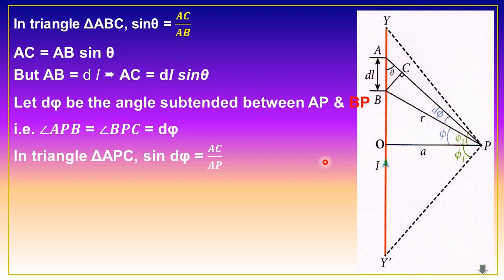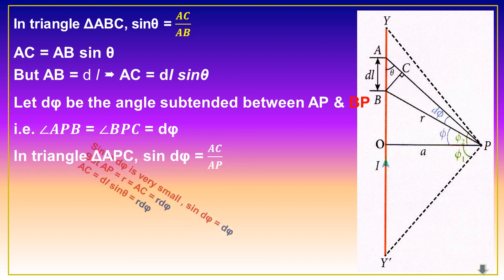Angle APB and angle BPC are both equal to d phi. In triangle APC, sin of the angle is equal to AC divided by AP.